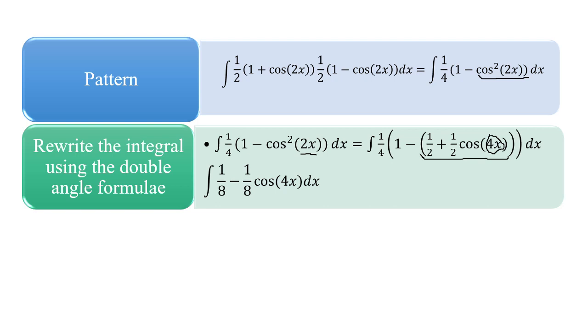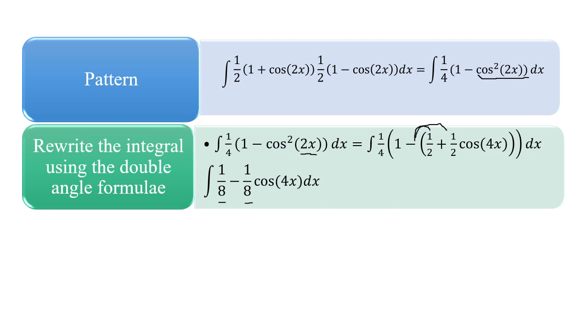We started with a 2x angle, so we now have a 4x angle. And then we just distribute the minus sign, and we have 1 minus 1/2, that's 1/2, times 1/4, that's 1/8, and we have minus 1/2 times 1/4, so we get minus 1/8 cosine 4x.